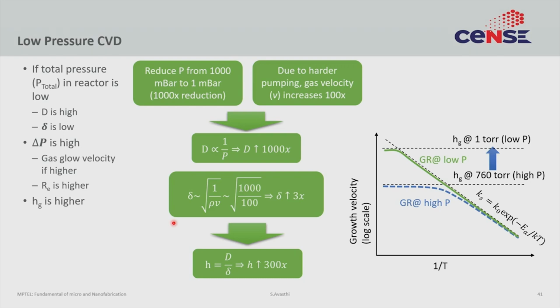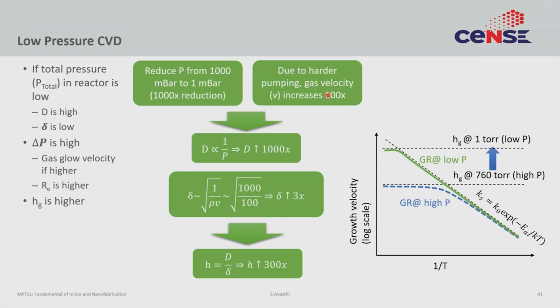So, if the pressure say is reduced from 1000 millibar to 1 millibar, so that is a 1000x reduction in pressure. And now, in order to achieve that, we must be putting a stronger pump to just increase the vacuum in the system, and that would increase the gas velocity. So, the gas velocity would also be higher because you are pumping harder, right.